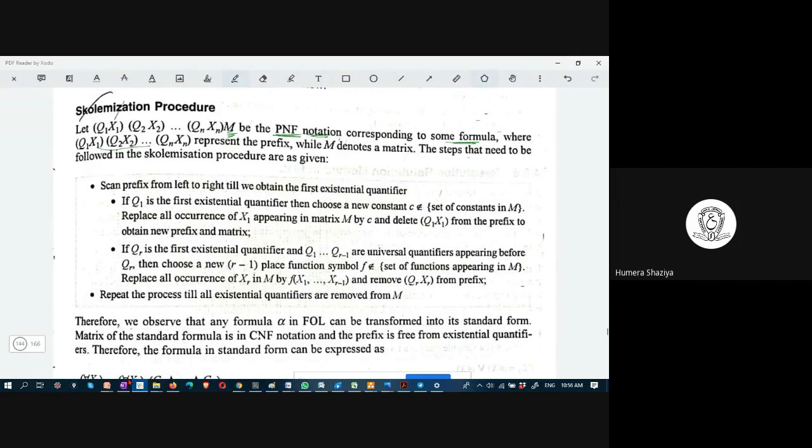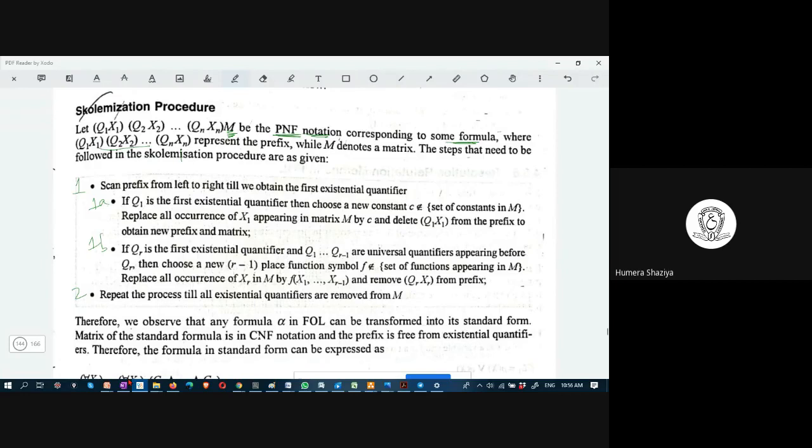The steps to be followed in the Skolemization procedure are these. This is 1, this is 2, this is 1a, this is 1b.